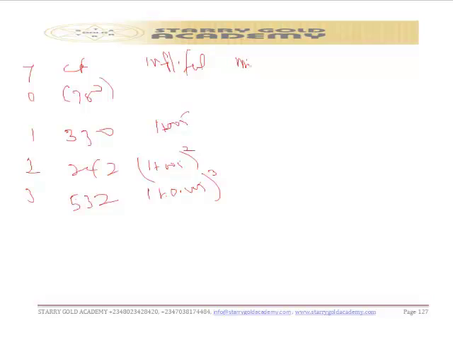Now we want to know the money cash flow. It will be 1.05 times 330, and that gives us 346. The second becomes 267, and the third one becomes 661. These are the money cash flow adjusted for inflation.